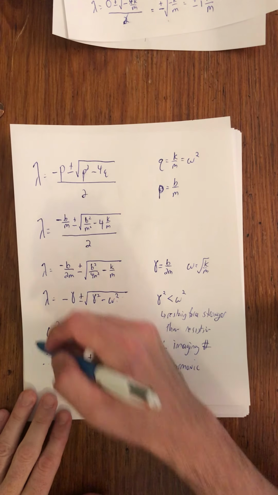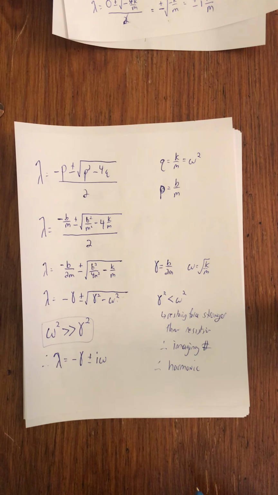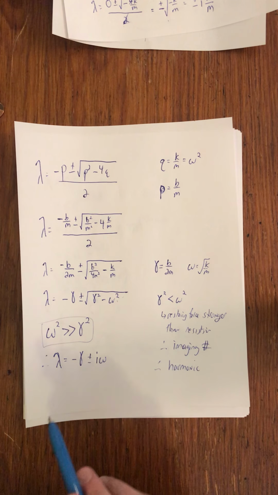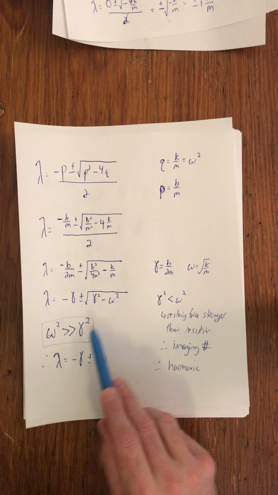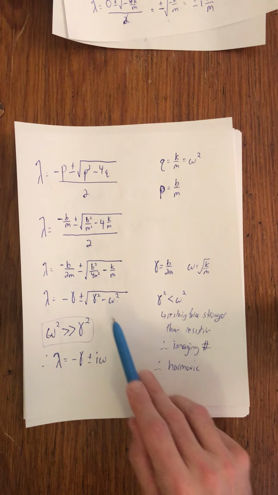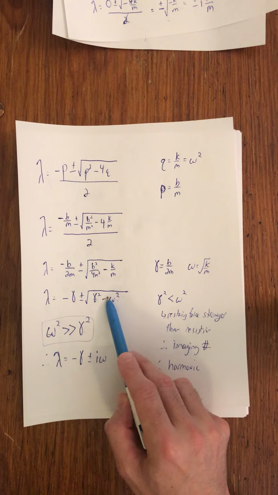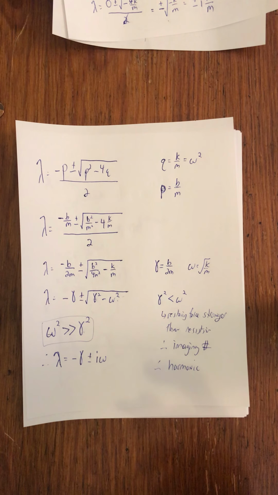Now, that's only if that's true. As a secondary example, if omega squared is just greater than this, it just becomes more messy, but you're still going to have an i pop out of there, which means you're still going to have an oscillation.